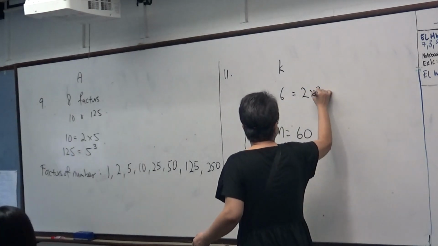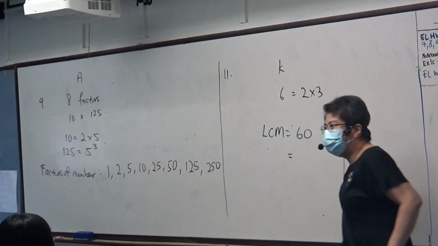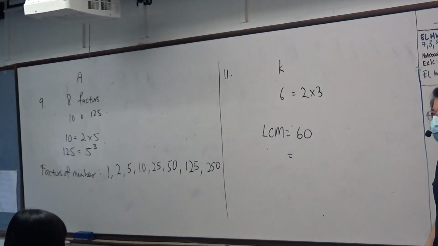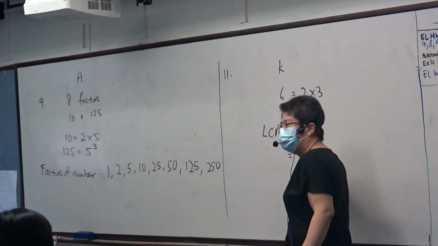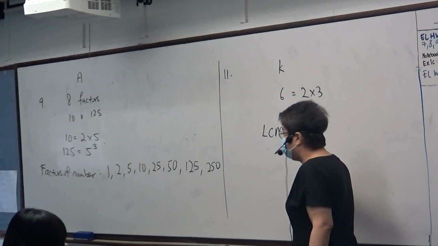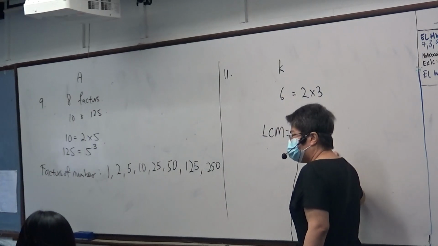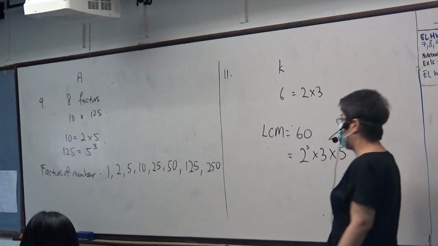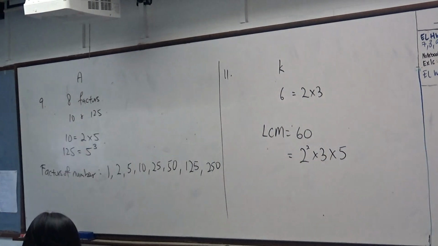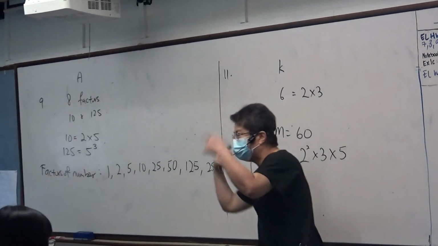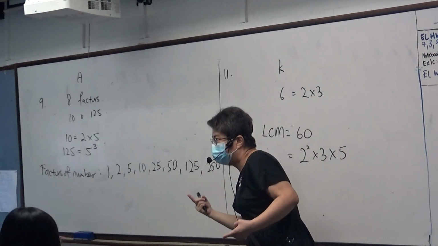Very good. Now, 150. If I write it in prime factors, what should it be? 2 times 3 times 5 squared. Is it correct? Now, remember I said this one is what? Work backwards, right? Okay.